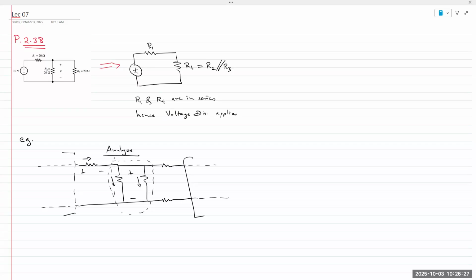So in this case, let's say this is IRA, this is IRB, and this is IRC. And we previously may have calculated IRA. So in this case, we are only applying current division to this portion of that large circuit.